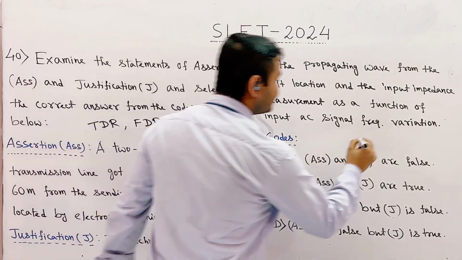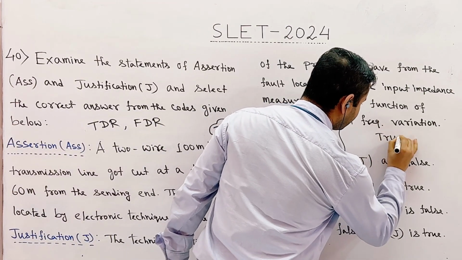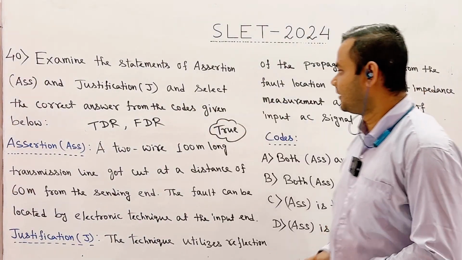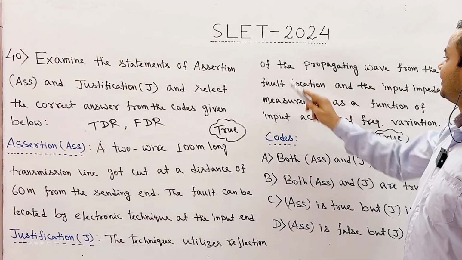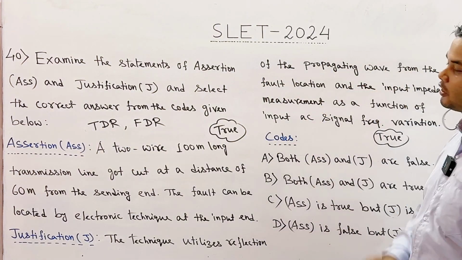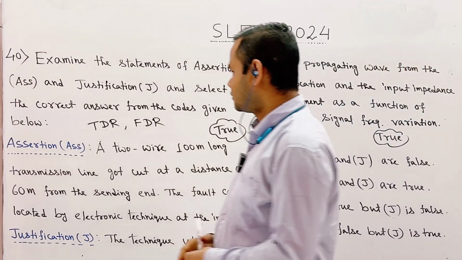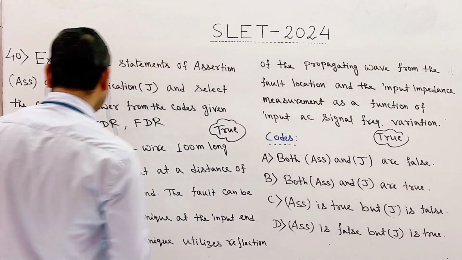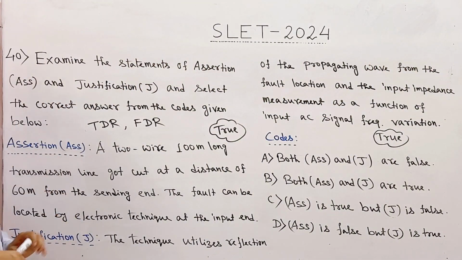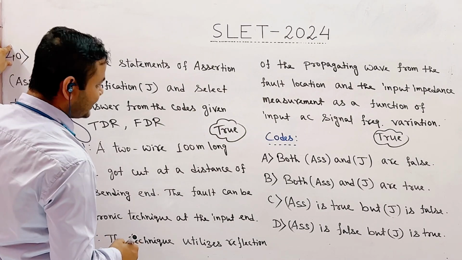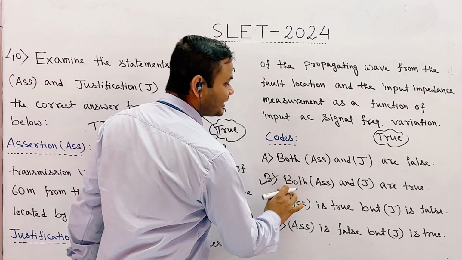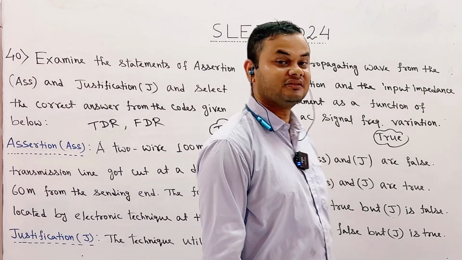This statement is also true. Okay? Always remember, this TDR or FDR technique utilizes the reflection of propagating wave from the fault location. So after analyzing, we have seen that both assertion and justification are true. So therefore, the answer of question number 40 is option B. Both assertion and justification are true.